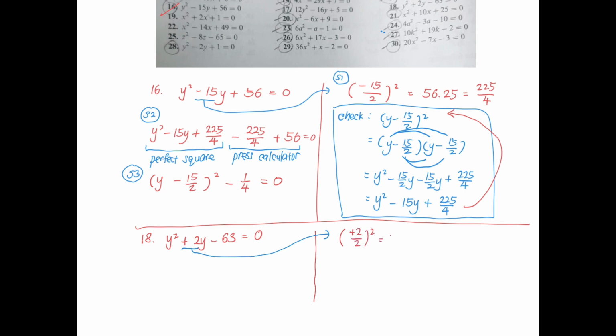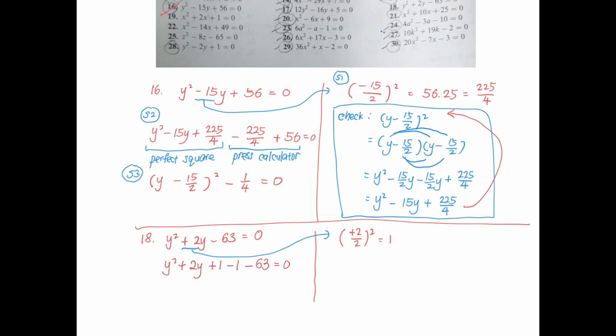So you will get 1. If you get 1, that means you have to add 1 and minus 1 in between. Something like here, you plus 1, then you minus 1 at the third position and the fourth position. So we have to do that here. So y square plus 2y plus 1 minus 1 minus 63 equal to 0. So you can see I plus 1 and minus 1.